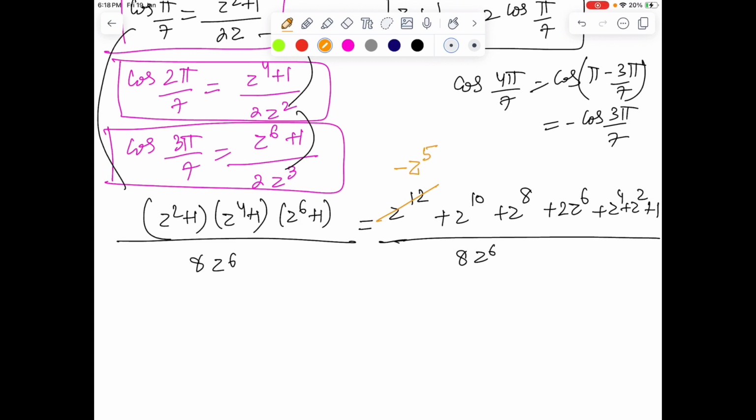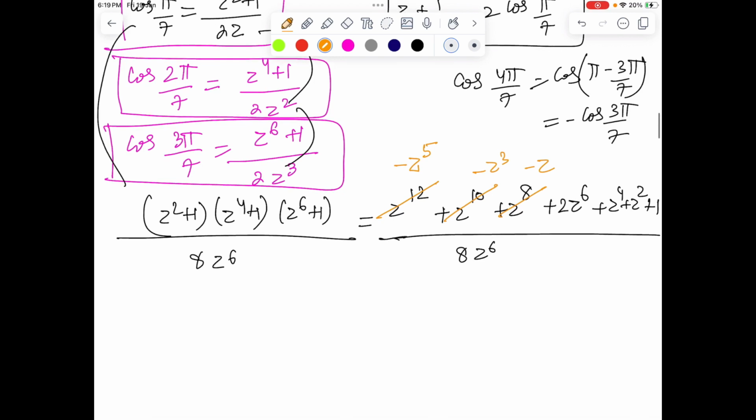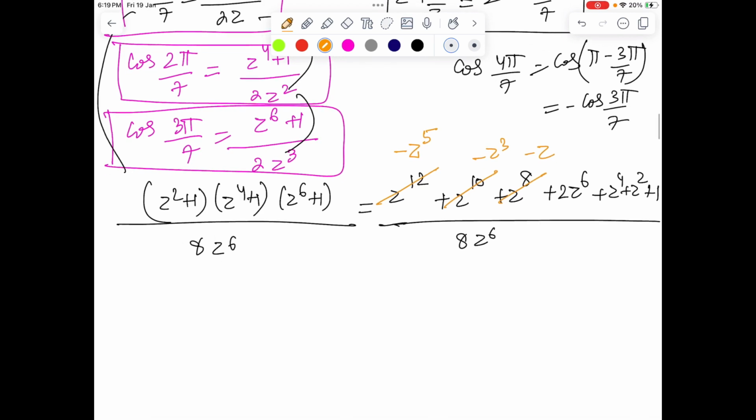If z to the power 7 is minus 1, then z12 will be minus z5, because it is z to the power 7 into z to the power 5. Then z10 will become minus z cube, and z8 will become minus z. Let's keep z6, z4 is z4, and z square.